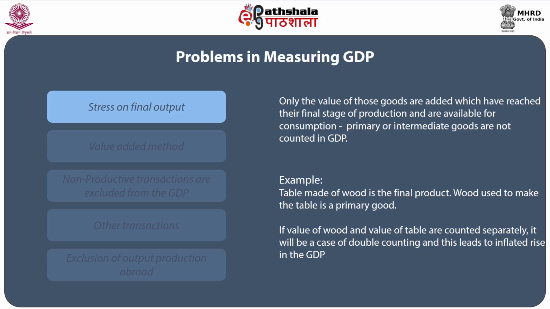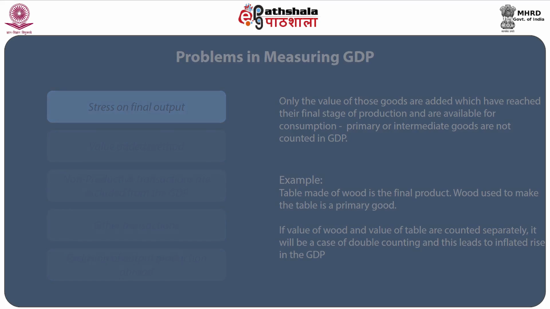The wood used in making the table is a primary good. While calculating GDP, if we include the value of wood as a separate item and the value of the table separately, it will be a case of double counting, and this leads to an inflated rise in the GDP.